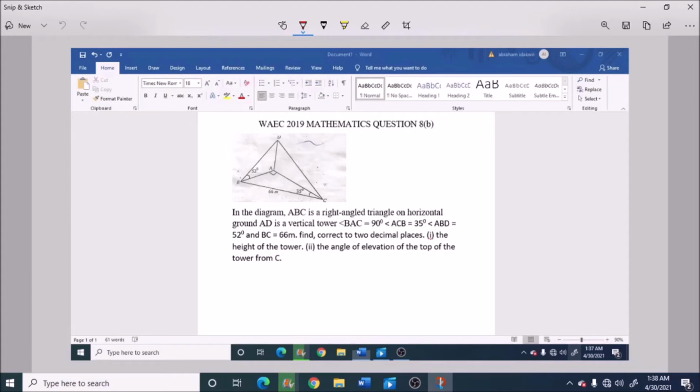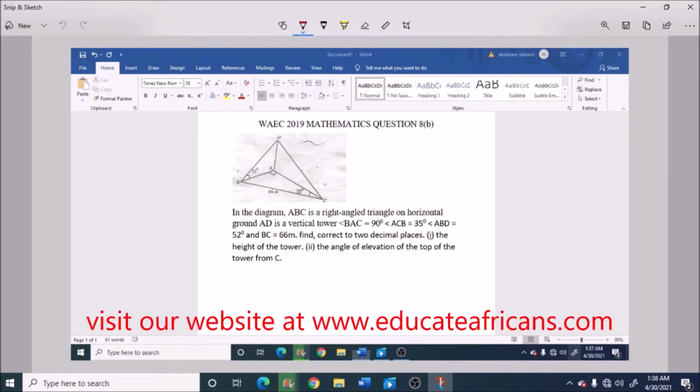Angle ABD is equal to 52 degrees, and BC is equal to 66 meters. Now find correct to two decimal places the height of the tower, and then in Roman figure 2 the angle of elevation of the top of the tower from C.